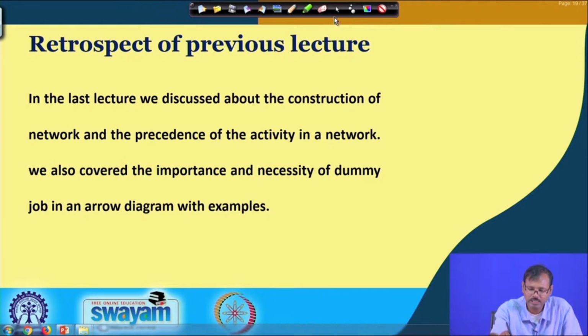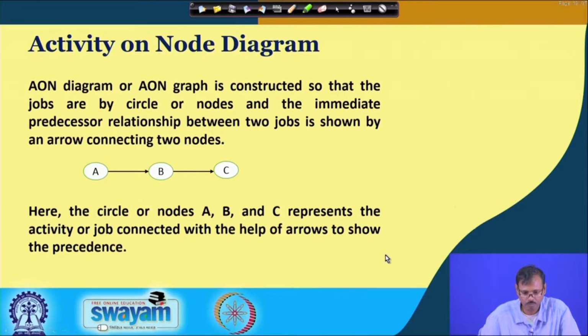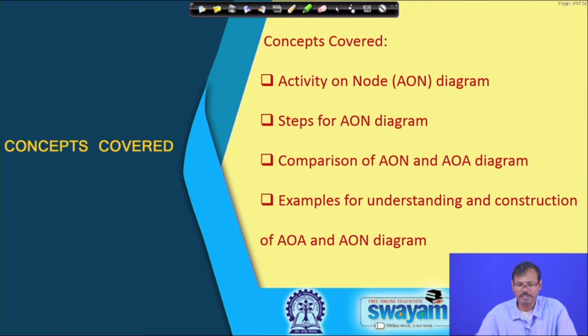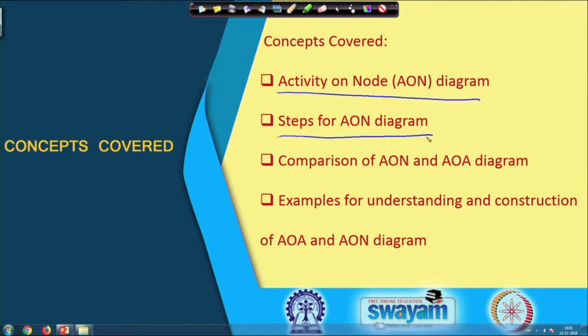So, in this lecture we are trying to address this. We will discuss the activity on node diagram, which avoids this problem, and the steps of this activity on node diagram.